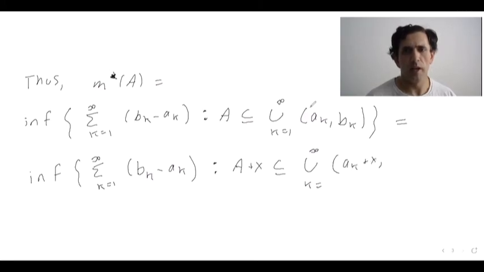So again, for a_k less than b_k, for each k, these intervals (a_k, b_k) cover A if and only if (a_k plus x, b_k plus x) covers A plus x.